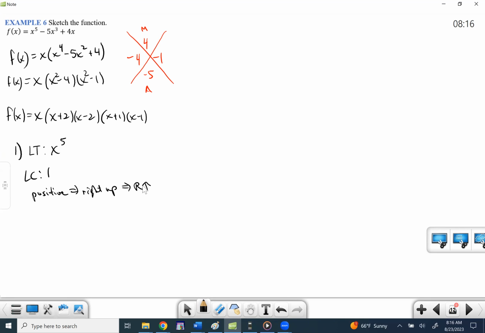So right up. Then we have a degree of 5. Odd implies opposites. Those 2 O words together. So if the right went up, then the left will go down, right? Left down.